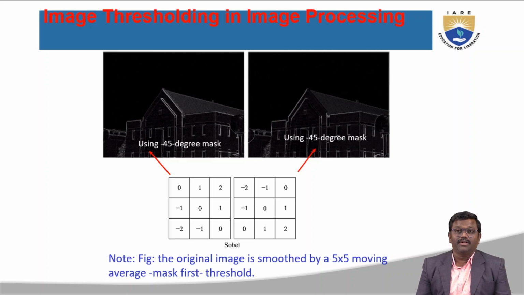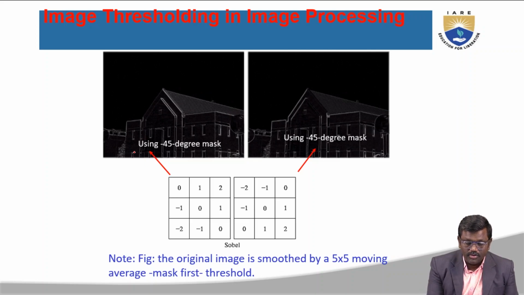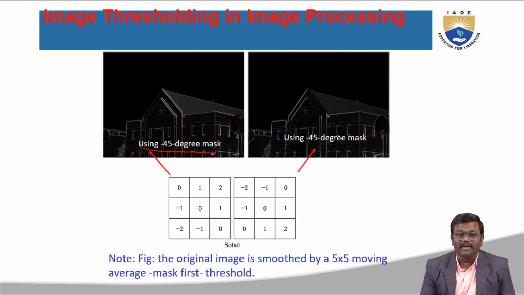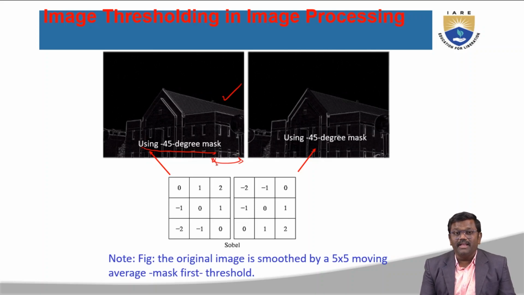We get that smoothed image, and we compare one part with another part. For example, you are using a 45 degrees mask image. While comparing one value with another value, is there any redundancy in the image processing?